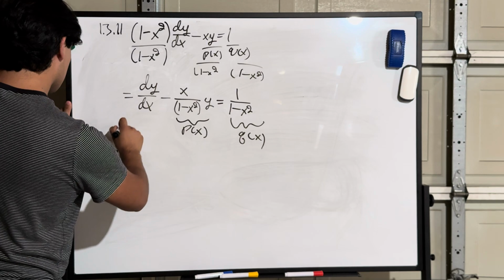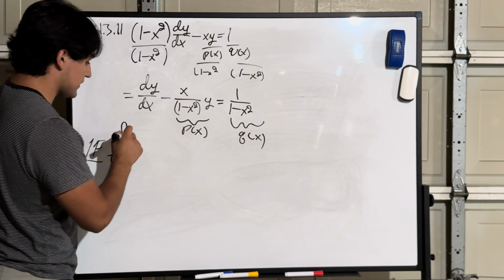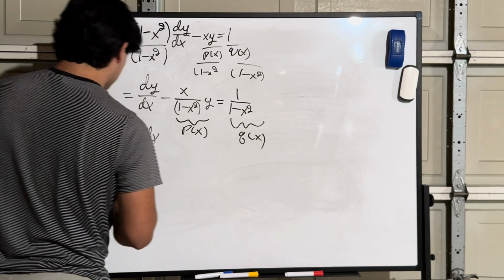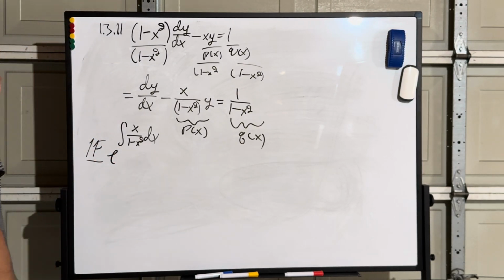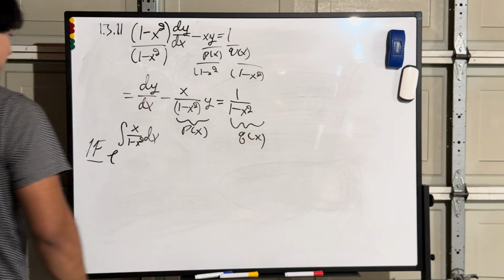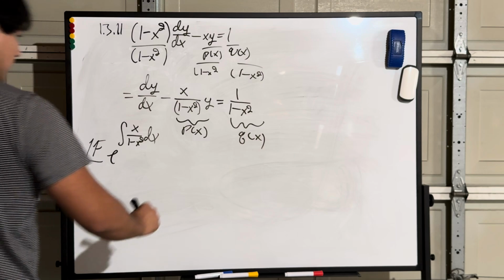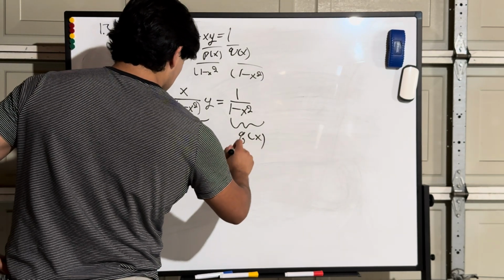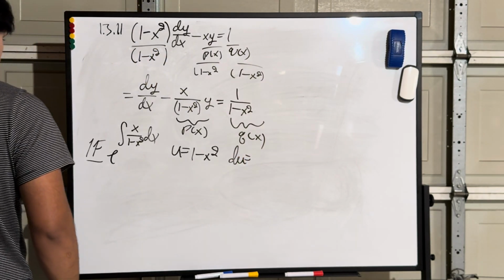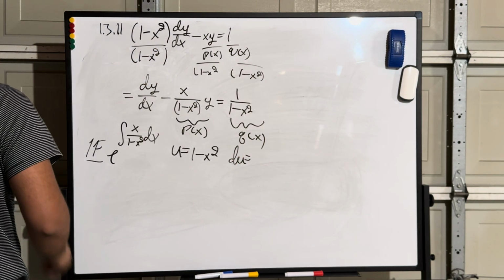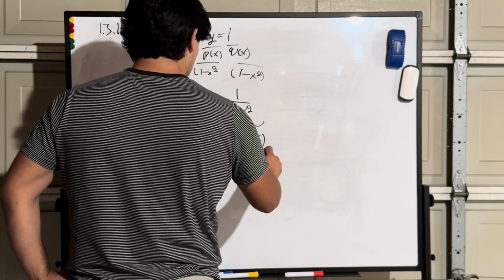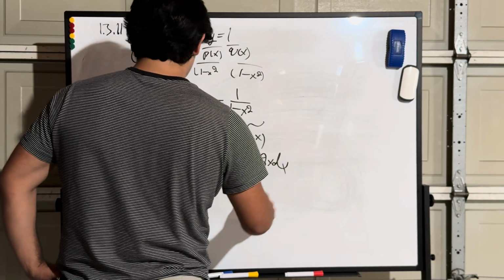Remember, exponent, integral of x over 1 minus x squared dx. Okay. So we're going to use some u substitution. So u equals 1 minus x squared, du equals negative 2x dx.